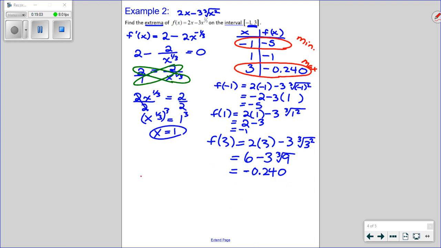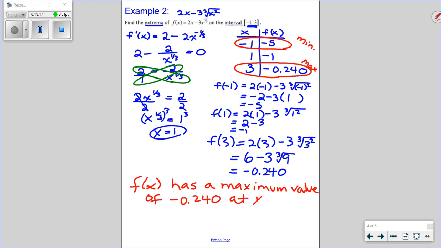We're going to say f of x has a maximum value of -0.240 at x equals 3 and a minimum value of -5 at x equals -1.